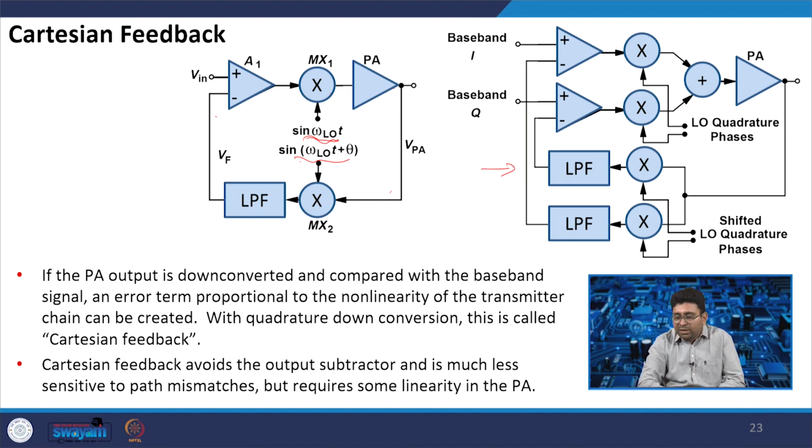So, this is why you need to be extra careful when designing the LO, and the additional two paths that we are adding in the feedback will also add loss and mismatch, which also needs to be considered.